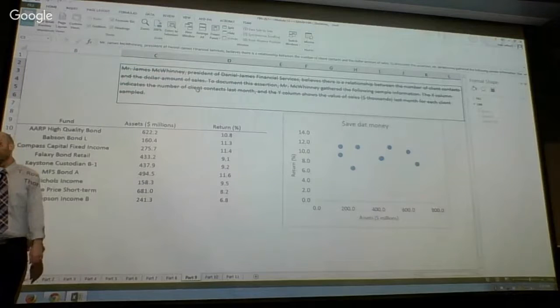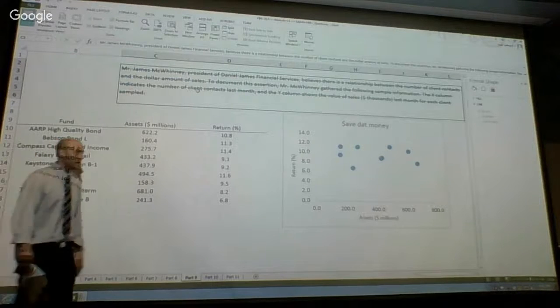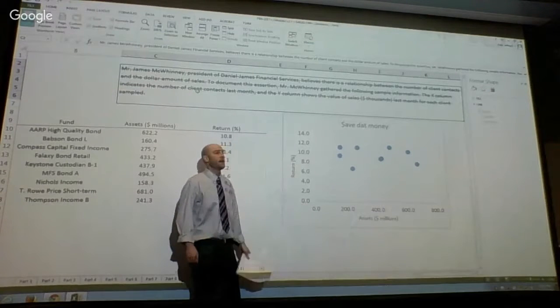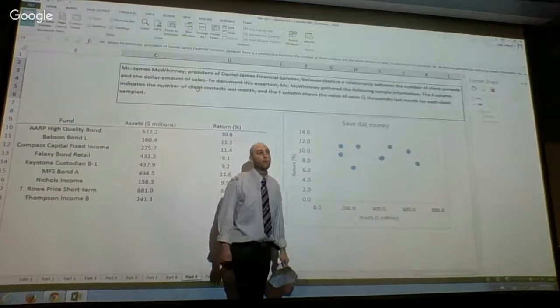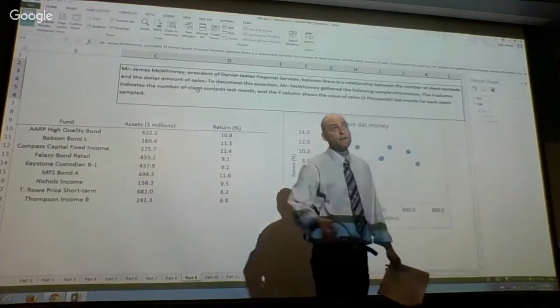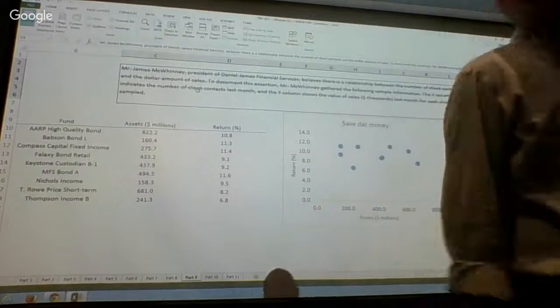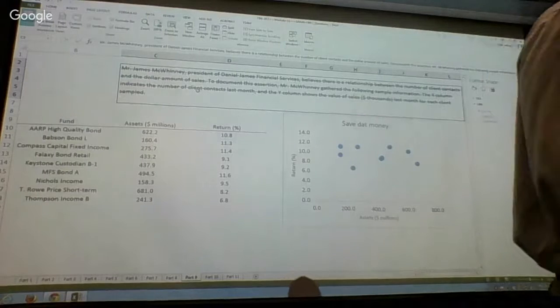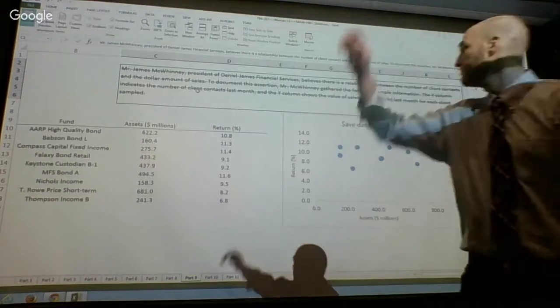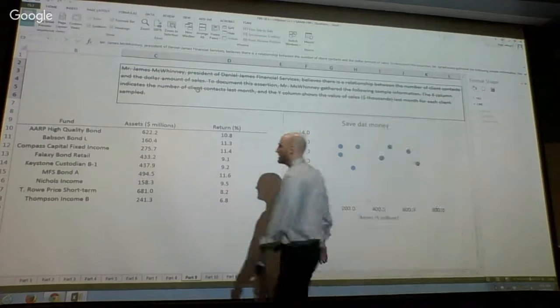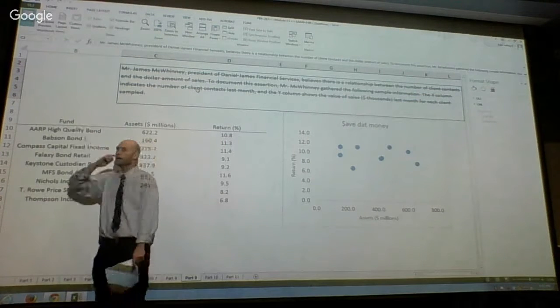Doesn't matter what the words are at this point, because we know we're looking at some independent variable, assets, and return percent dependent. That's our X and that's our Y. This is effectively saying, am I going to get a higher return rate if I have more assets in a particular fund? I should have said fund because the column was labeled fund.